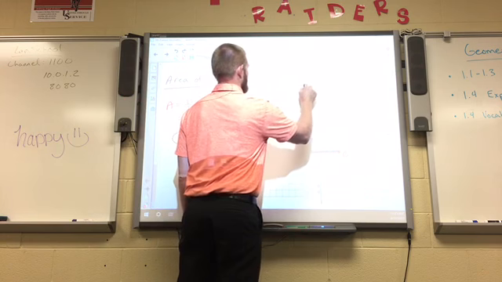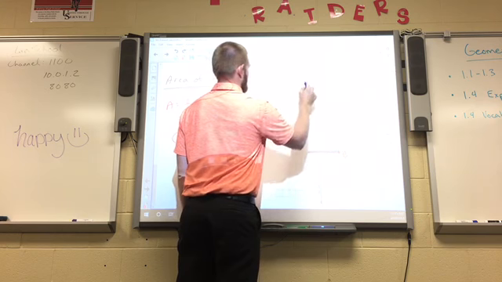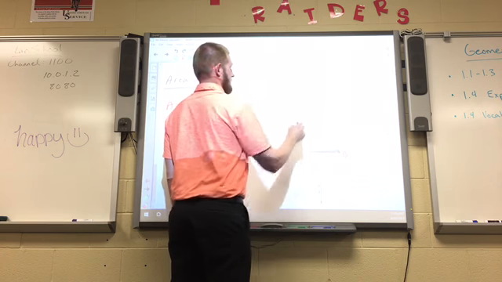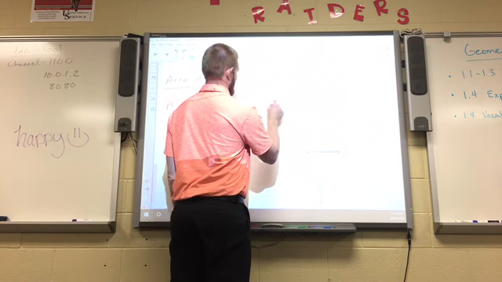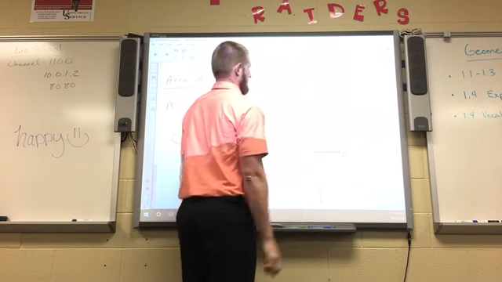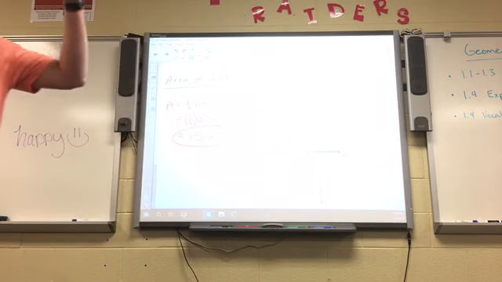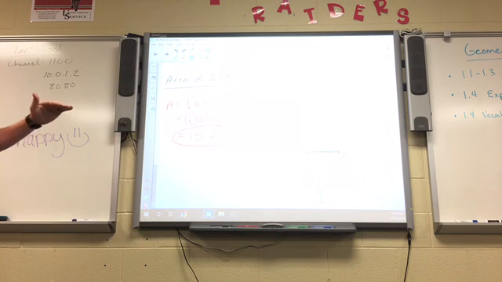If your triangle is obtuse, your height is actually out here. Your base would still be here, but your height is clear out here. Your height is always going to be from the highest point to the lowest point, for what we're working with.